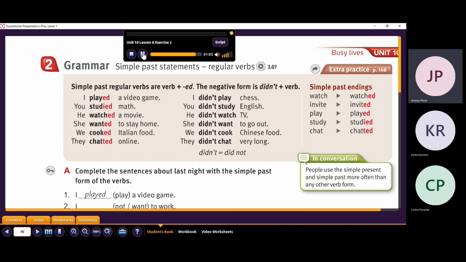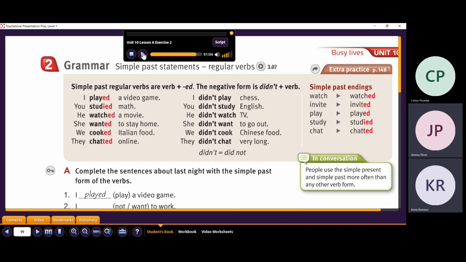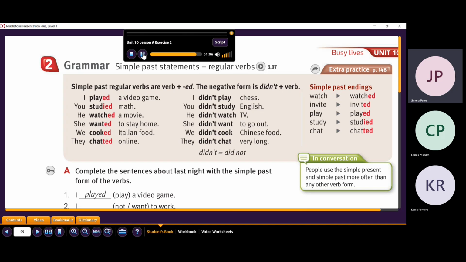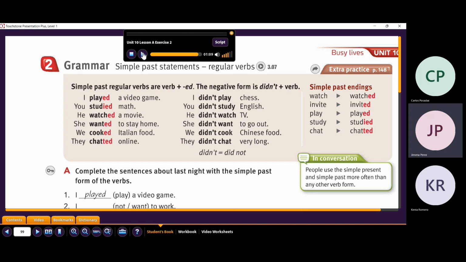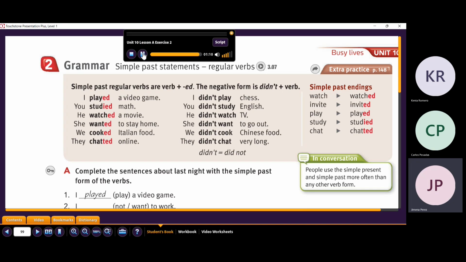Play, played. Study, studied. Chat, chatted.